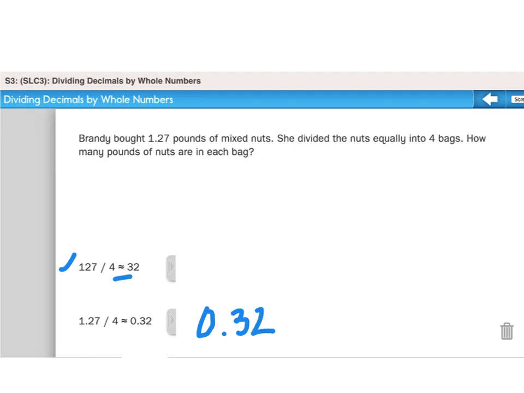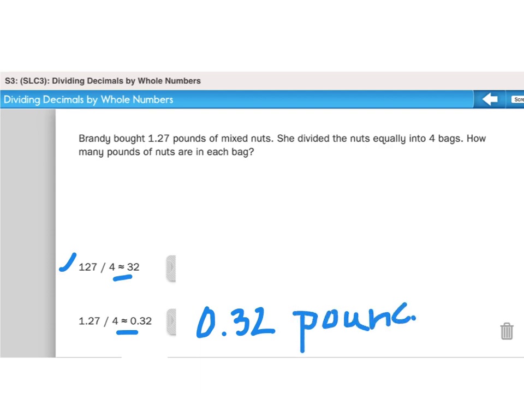Now, we also notice that we still have this symbol here. It doesn't say equal to, it says it's about equal to. So that tells us about how many pounds of nuts were in each of Brandy's bags. There was about 32 hundredths of a pound in each bag.